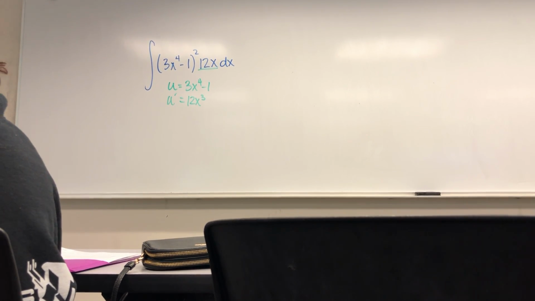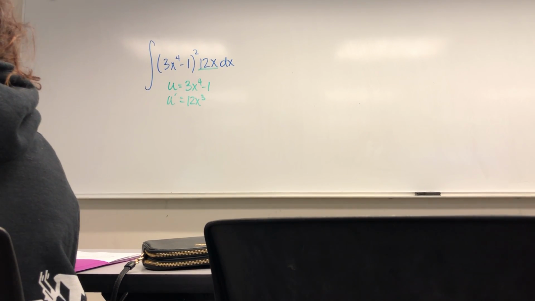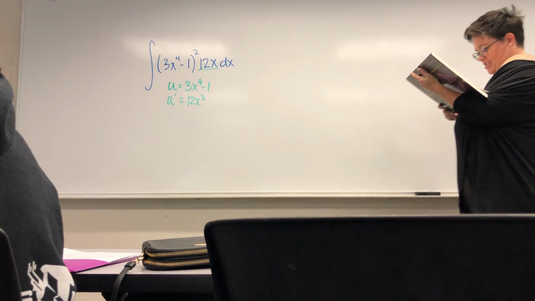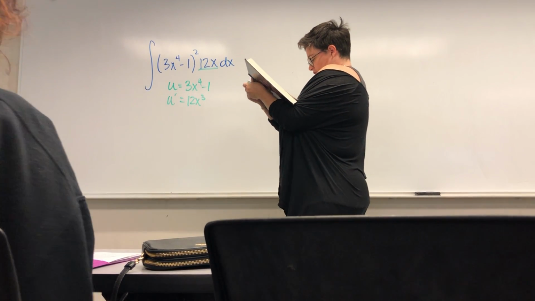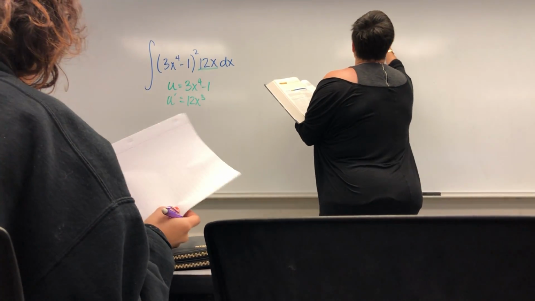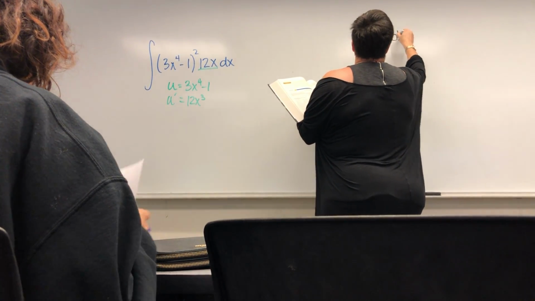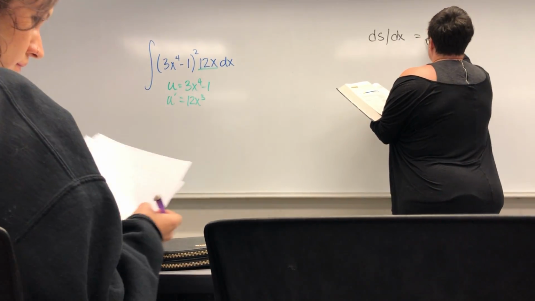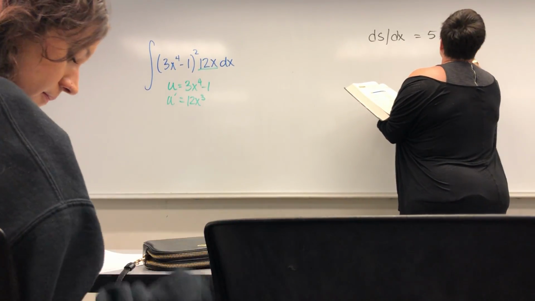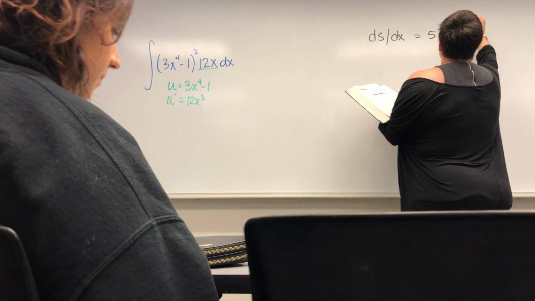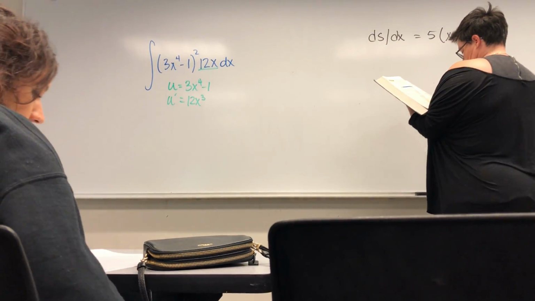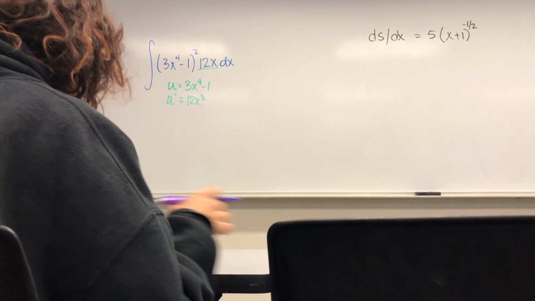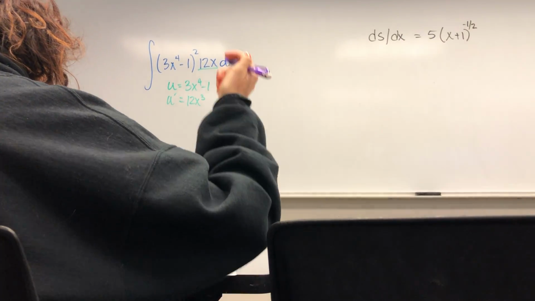The rate of change in data entry speed of the average student is ds by dx, and I'm gonna write it the same way they have it in the problem: ds/dx equals 2 over x plus 1 to the negative 1/2, where x is the number of lessons the student has had, and s is entries per minute.